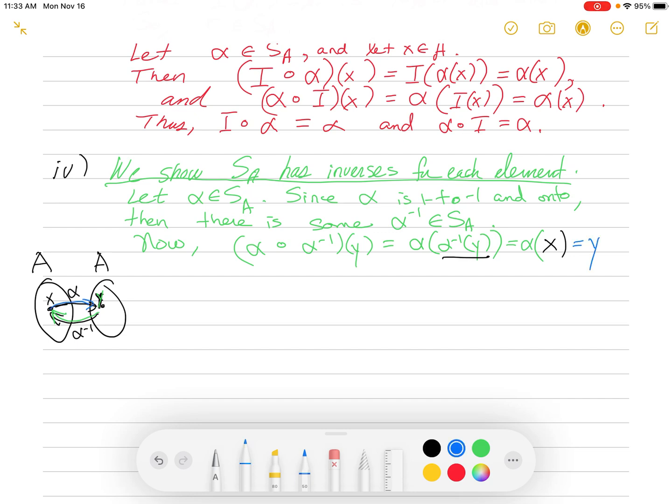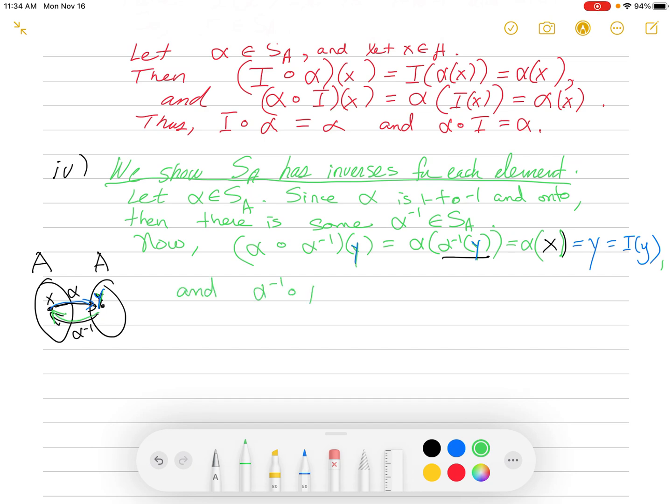But then alpha is going to take the x back to the y. So notice that alpha composed with alpha inverse of y is y, and this is just another name for the identity of y. Y equals I of y.